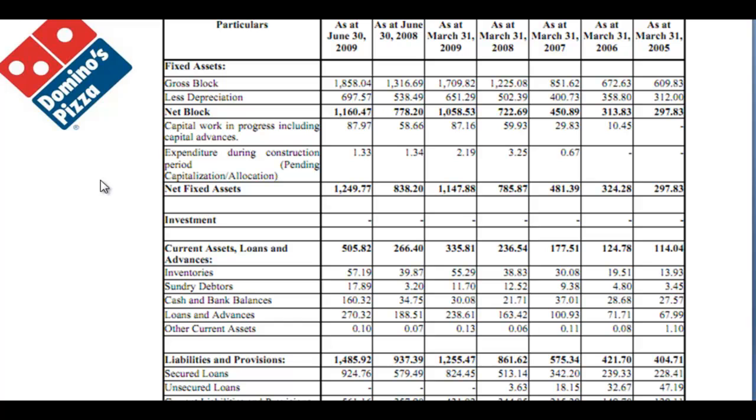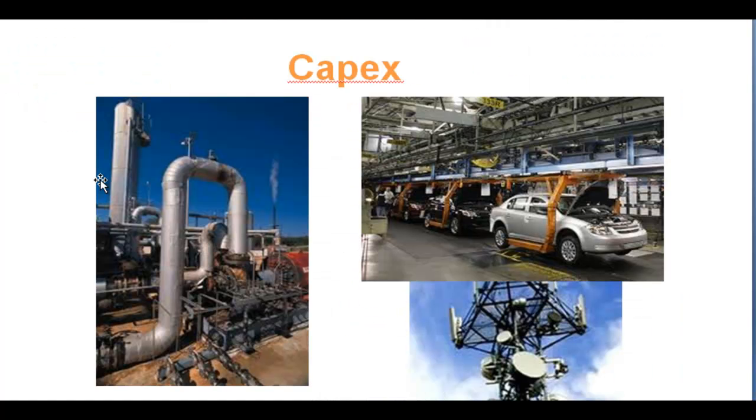There are some industries, like right here, the oil industry. It's immensely, hugely Capex intensive. Before you can actually even start an oil project or an oil refinery, you probably have to sink in 500 or 600 crores for all these huge pipelines and refineries.